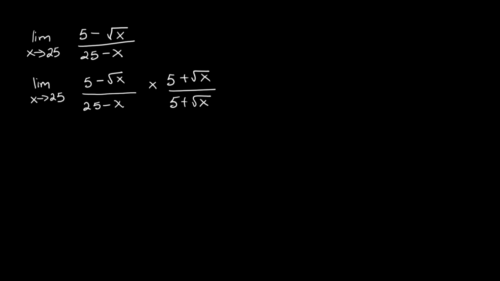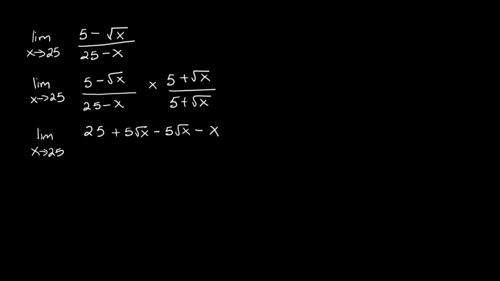And so to solve this, we can go ahead and multiply the top by each other and the bottom by each other. And so this then becomes the limit as x approaches 25 of 5 multiplied by 5, which should be 25, plus 5 root x minus 5 root x minus x, as root x multiplied by root x would be just x.